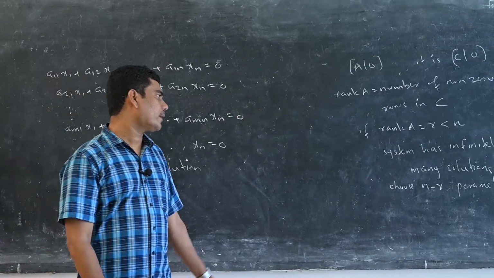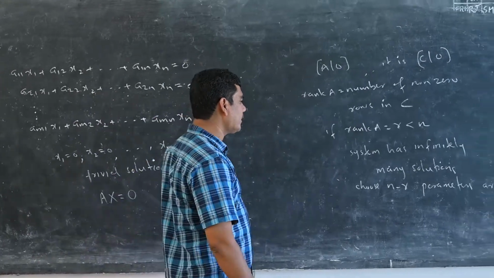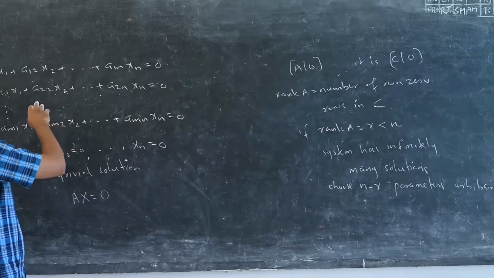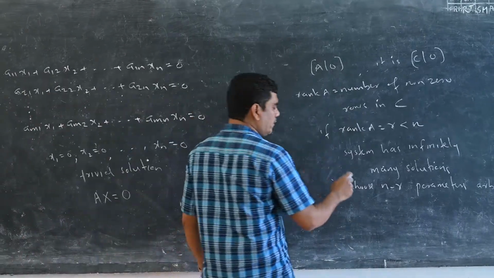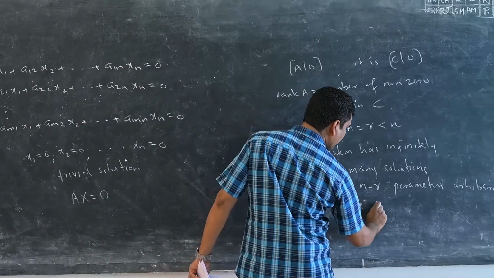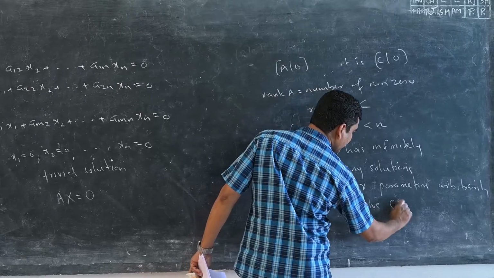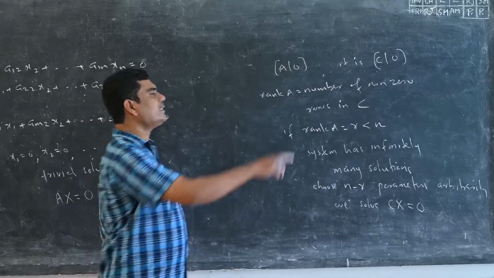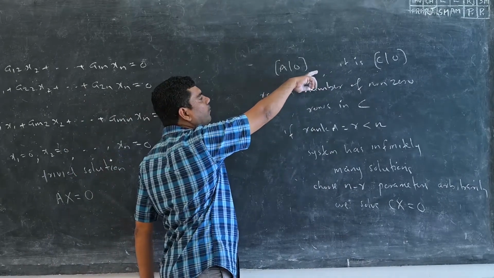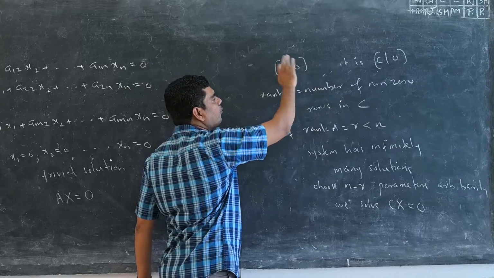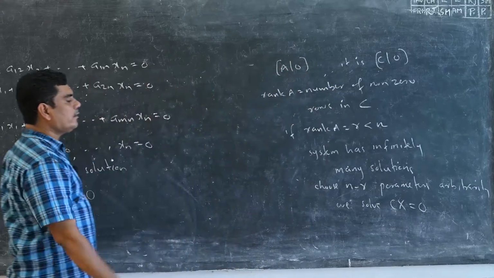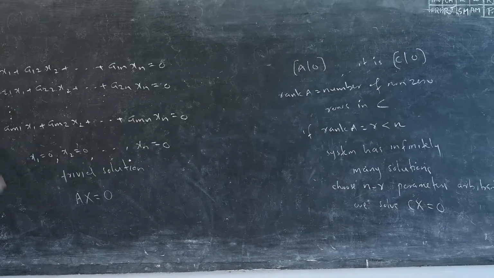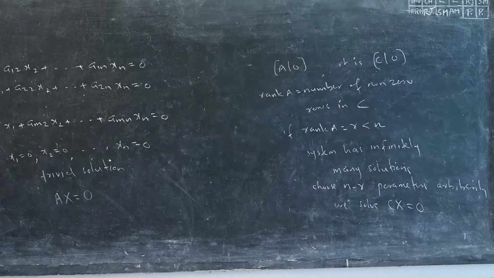In that case, the system has infinite solutions, and to find a solution of this system, we solve Cx is equal to 0, where C is the canonical form, the row reduced echelon form of A. And that solution is the solution of this given homogeneous system.